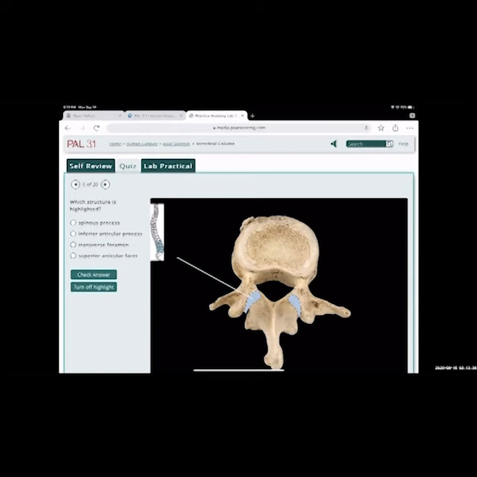Is it the superior articular facet? I would say so. Could be the inferior, but it depends on how you're looking at it. But I would say the superior one. Yep, superior articular facet. I thought the inferior was the bigger one right below it. No, the inferior is on the other side.